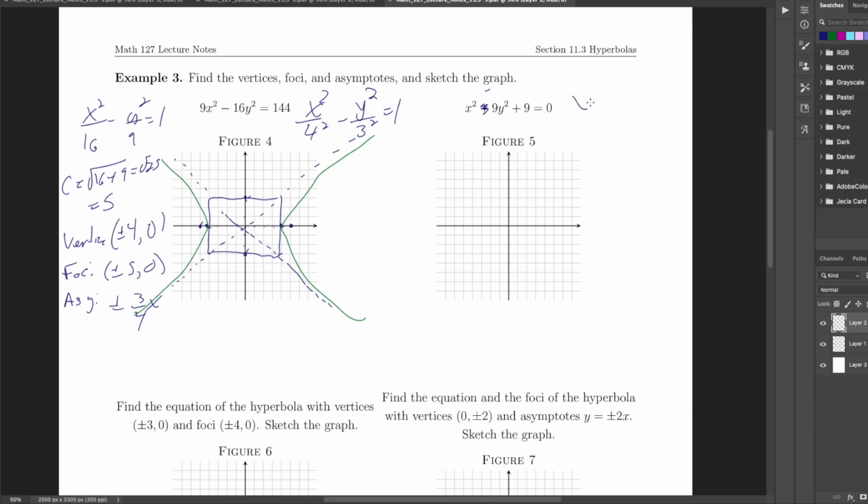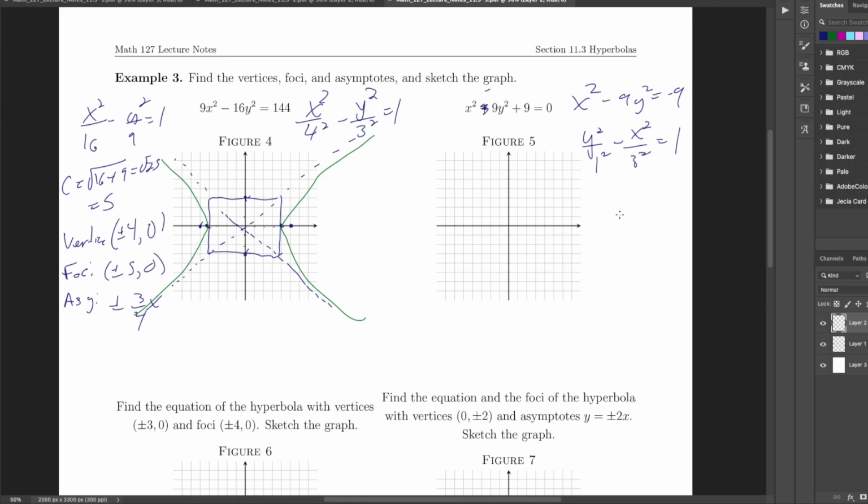So we need to make this look like 9x squared minus 9y squared equals minus 9. So we move the minus 9 over. We divide by the minus 9. We'll get y squared over 1 squared minus x squared over 9, which is the same as 3 squared, equal to 1.